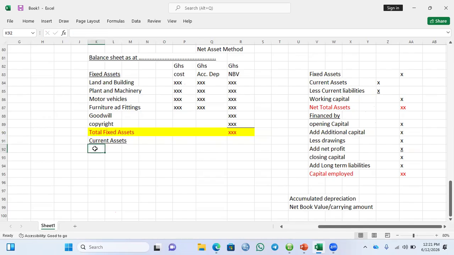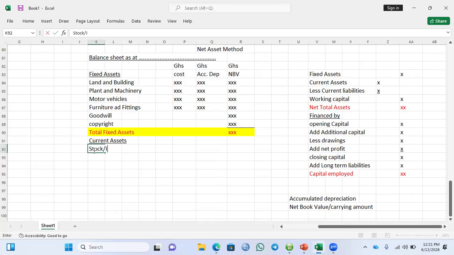Now, professors, what are the current assets you know? Let's list them together. Current assets, yes. Yes, Christabel. Inventory. Inventory, very good. Inventory, or what you know to be the stock.